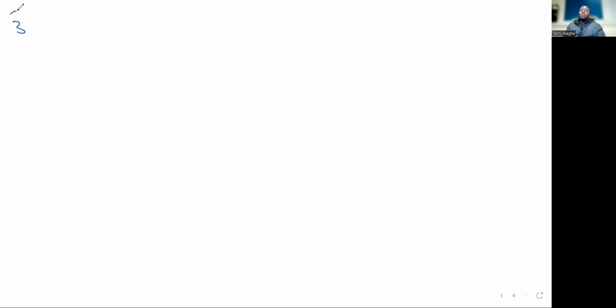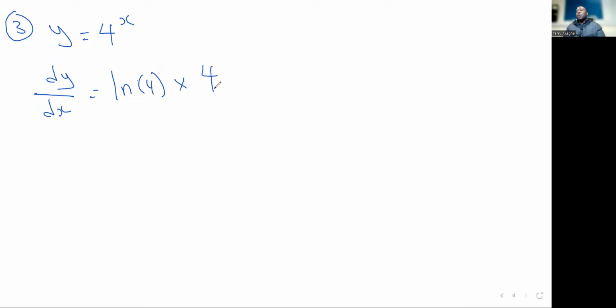If you want to pick more, let's say we have y is equal to 4 raised to power x. The dy over dx becomes the ln of 4 multiplied by the original question, and that will now give you 4 raised to power x ln 4.